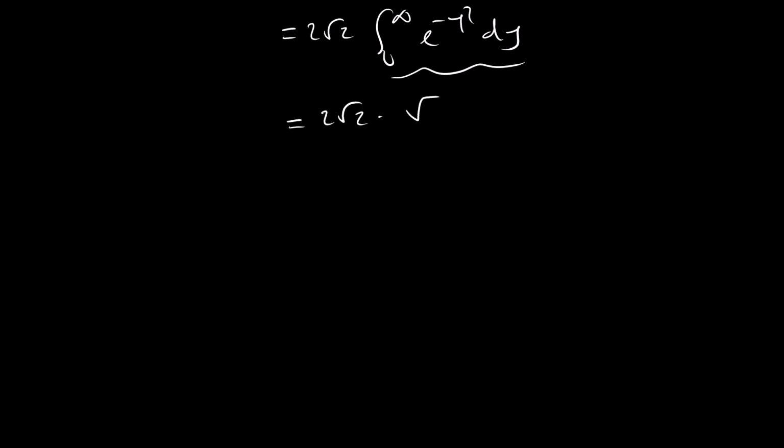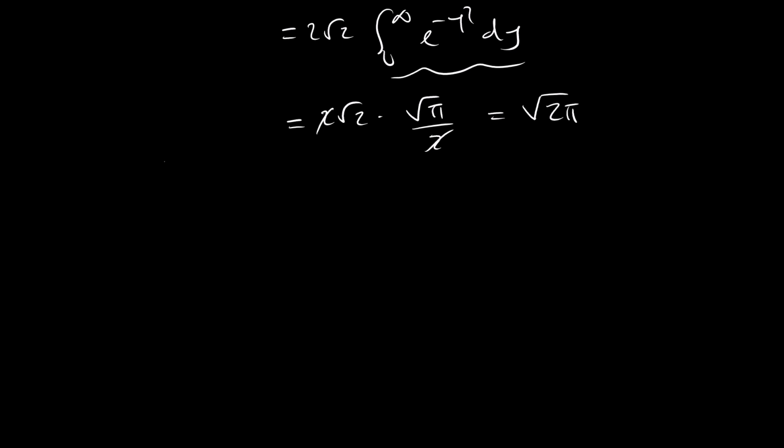So our problem has come to a point where we have 2 root 2 times the integral from 0 to infinity of e to the power negative y squared dy, and this here is half the Gaussian integral, so it is root pi over 2, and so this becomes root 2 pi.